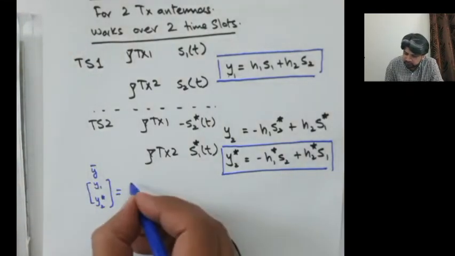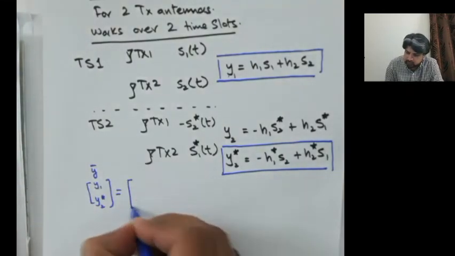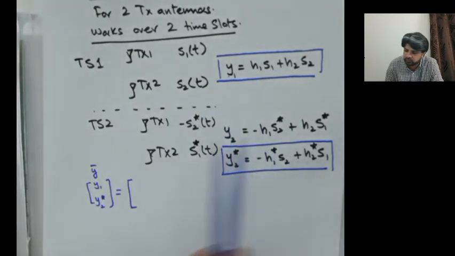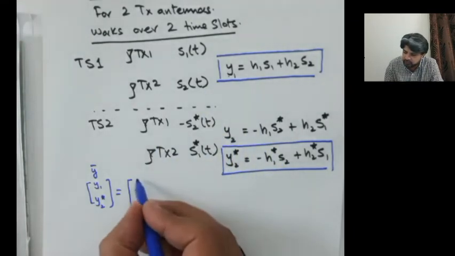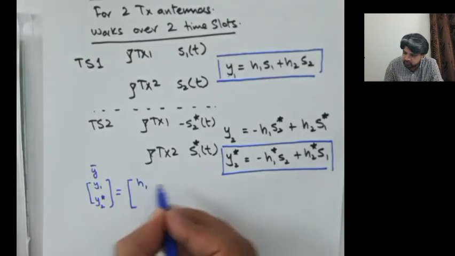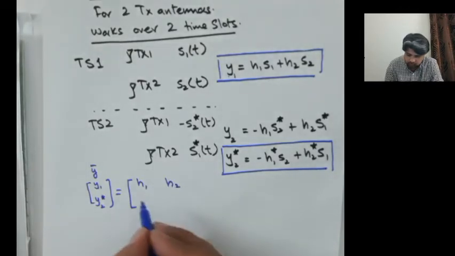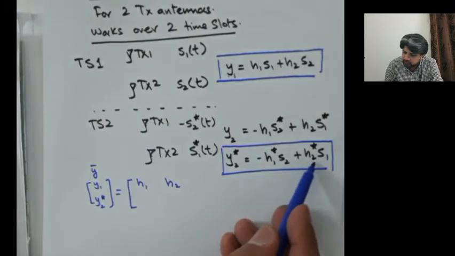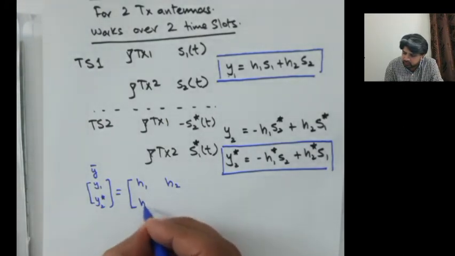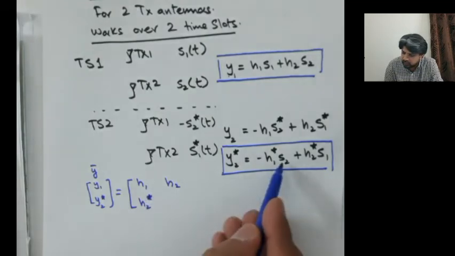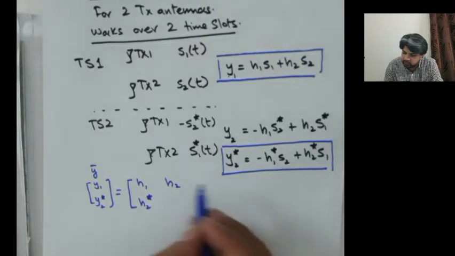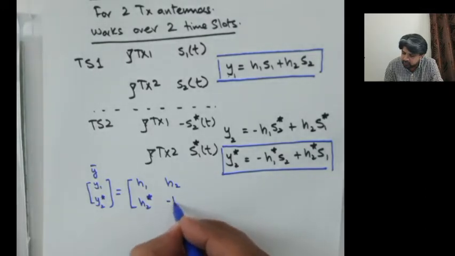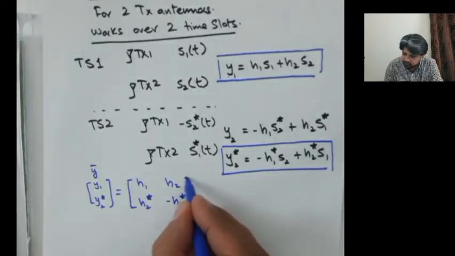That would be equal to, remember we are using these two boxed equations, the channel coefficients multiplied: h1, h2, and then remember the channel that is multiplied with s1 is h2 conjugate, and the channel gain that is multiplied with s2 is minus h1 conjugate.